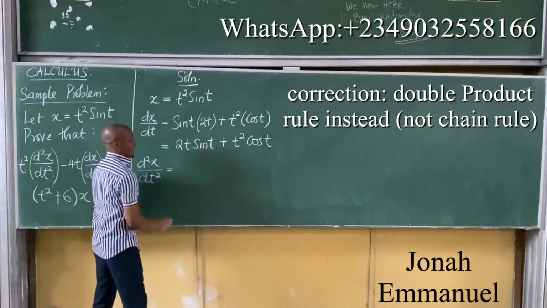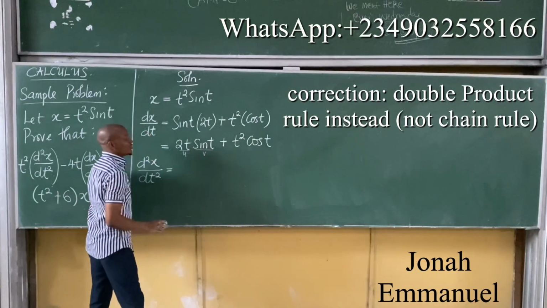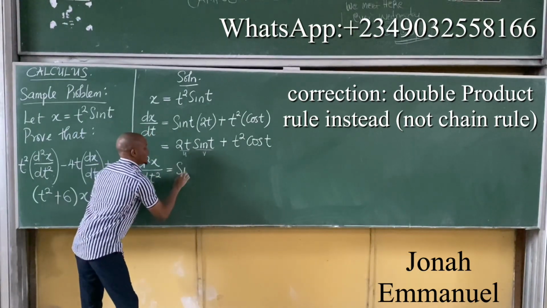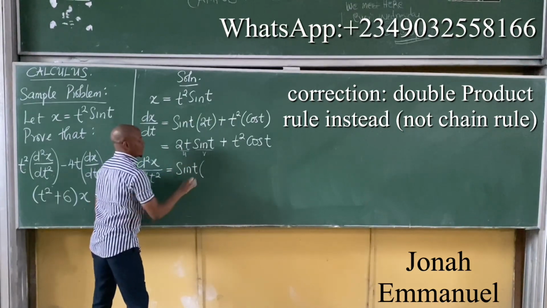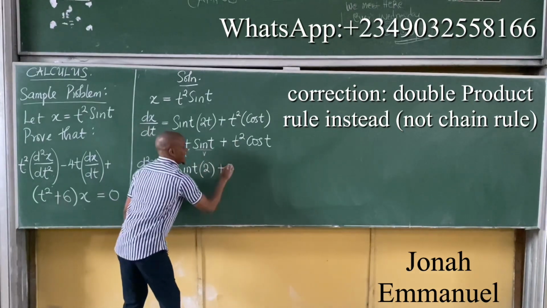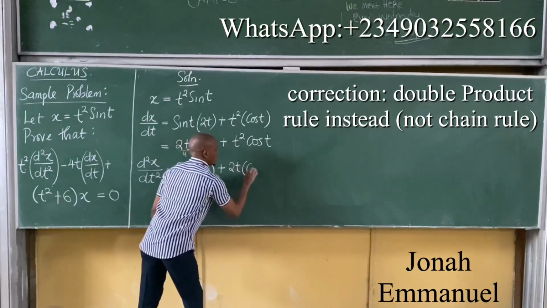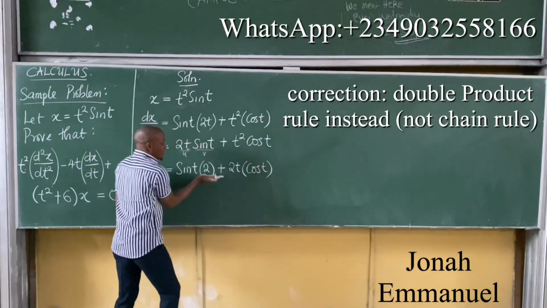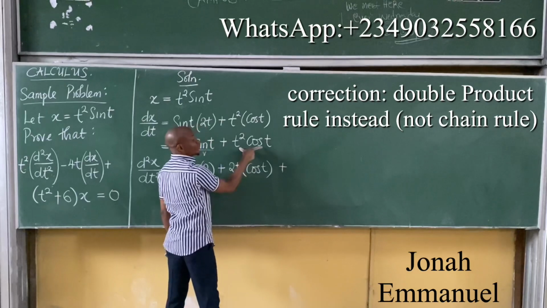Alright, so let's start with this one first. This is your u. This is your v. So the rule says v, sine t. Differentiate 2t, what do you get there? 2. Plus u, that's 2t. Differentiate sine t, you get cos t. I'm done with this one. Plus, you now shift to this.